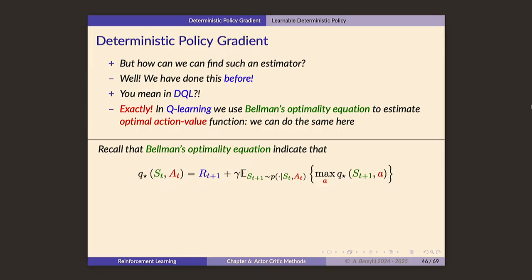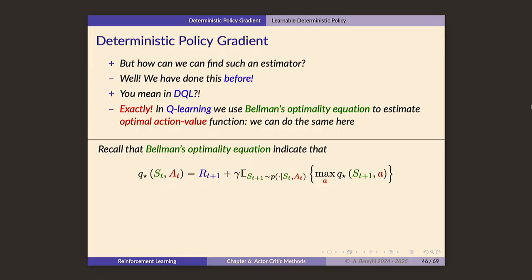For a given state and action, the Q value is going to be the immediate reward plus the expected value V, correct? That was the case for classic policy evaluation by the Bellman equation. But when you think about the optimal policy, this is why I put a star here, the optimal Q value at one given state and action is going to be the immediate reward plus the expectation of the value of the optimal policy.